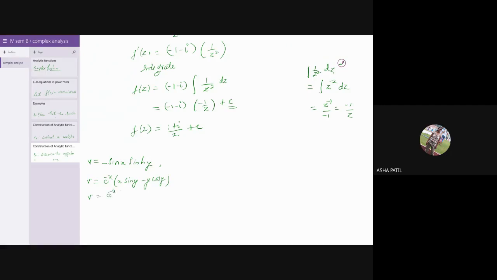Again, e raised to minus x, x cos y plus y sin y. Try these examples.